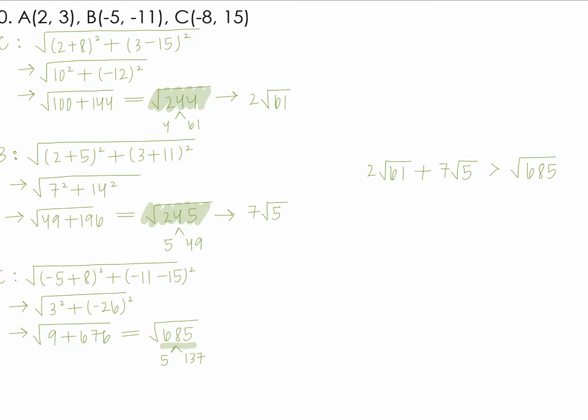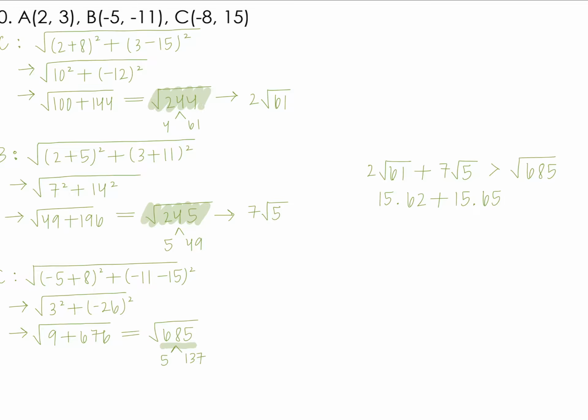So 2 square root of 61 is going to give me about 15.62, plus 7 square root of 5, which will give me 15.65.